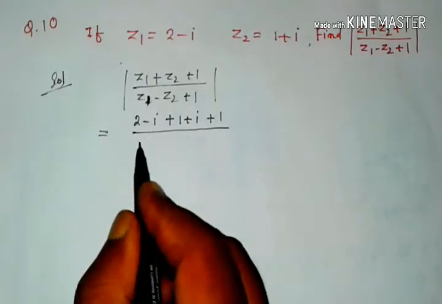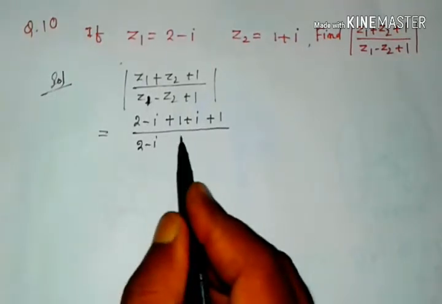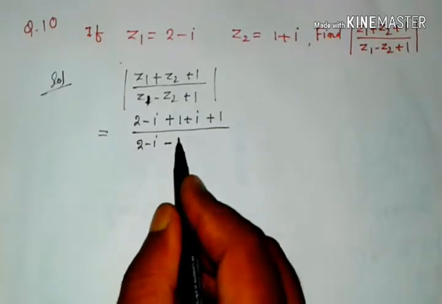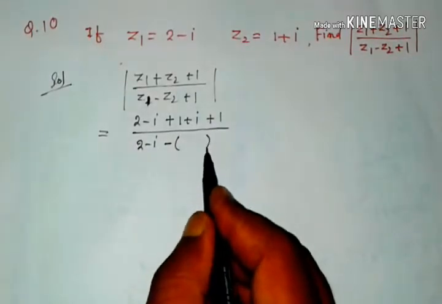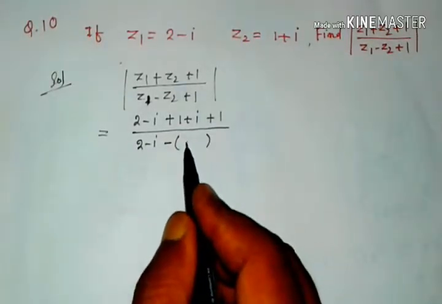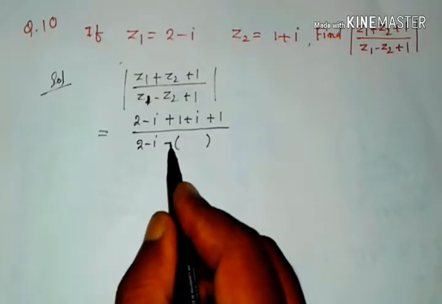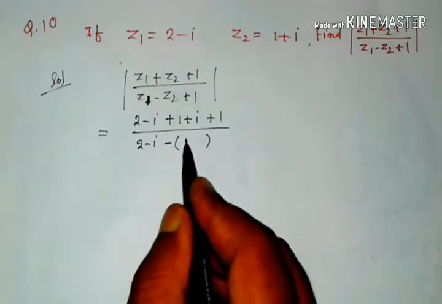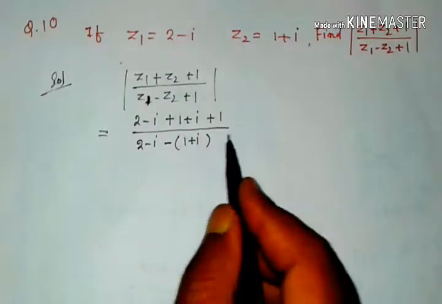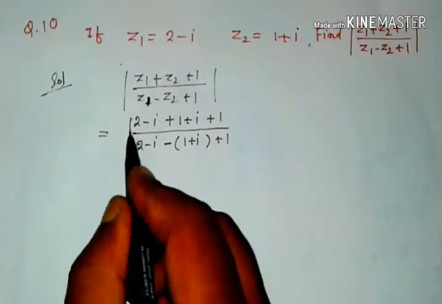We have to keep the value of z2 within the bracket because the minus sign is there, therefore 1 plus i plus 1, that is the modulus.